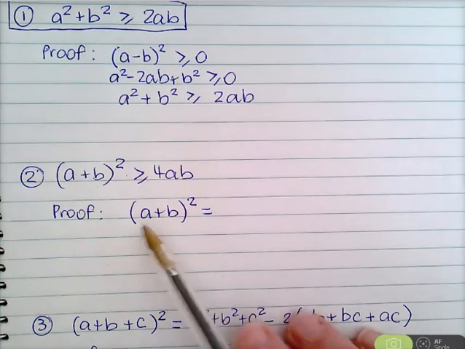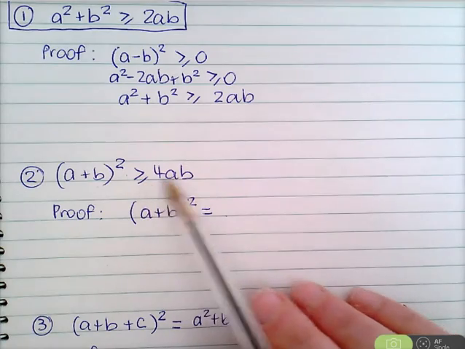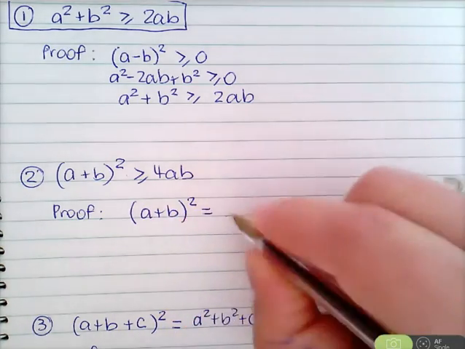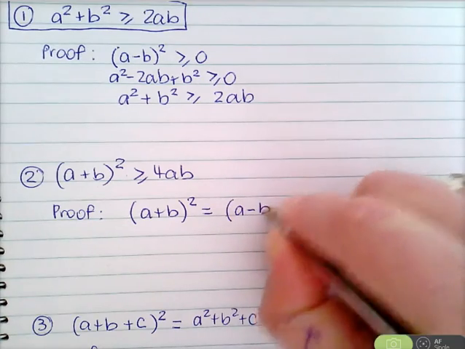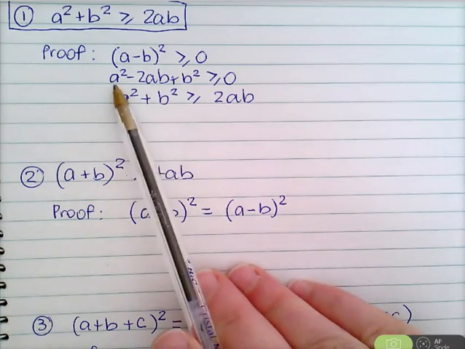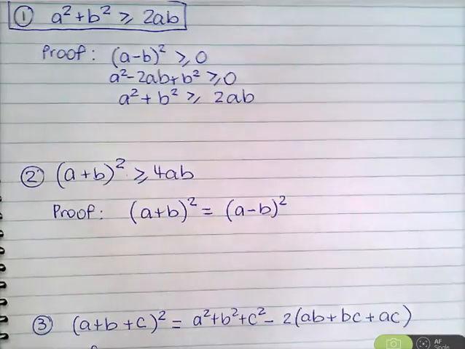A plus b all squared is equal to a squared plus 2ab plus b squared, but we want to show that it's greater than or equal to 4ab. So what we're going to do instead is say that a plus b all squared is equal to a minus b squared plus something. Now we know that a minus b all squared is equal to a squared minus 2ab plus b squared.